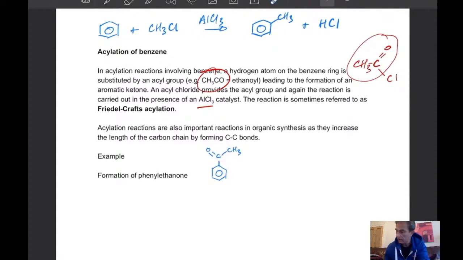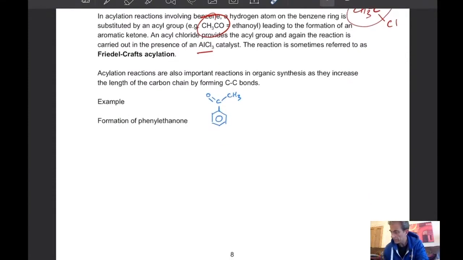Okay, so how would we make that? You would take benzene and you'd react it with, so remember, to get this group on here, we're going to use the appropriate acyl chloride, so CH3COCl, okay, so that's ethanoyl chloride.